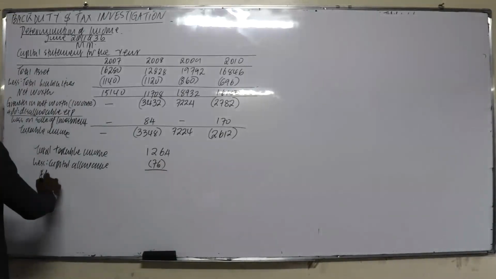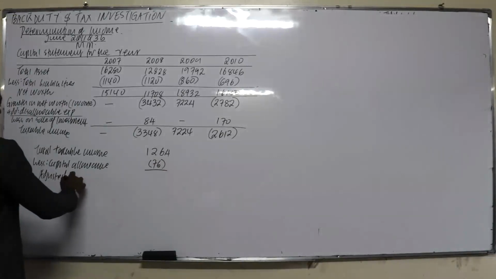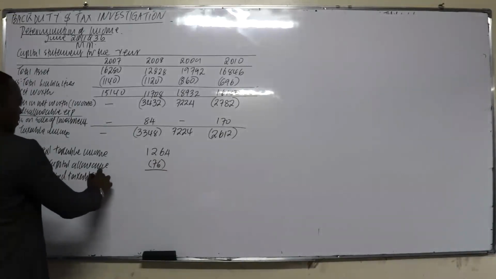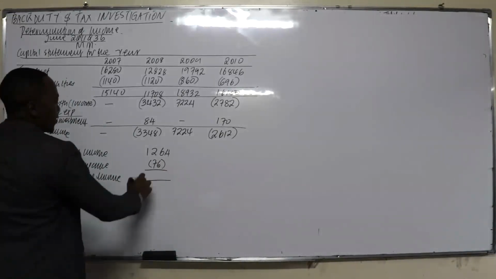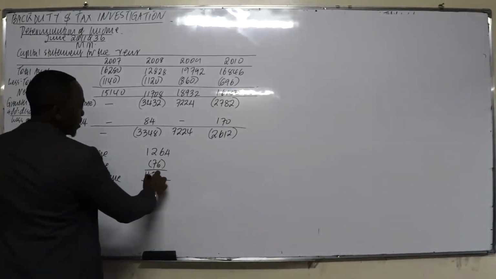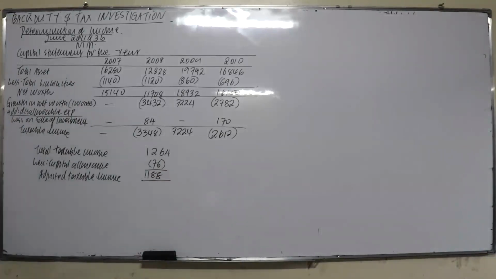That's how you get the adjusted taxable income. You get an amount of how much? Good. So that's how you determine the taxable income.